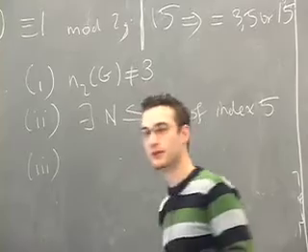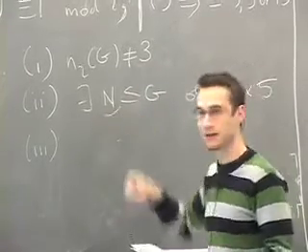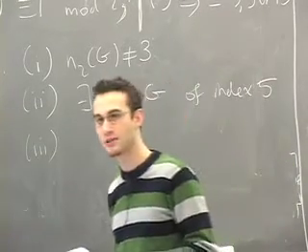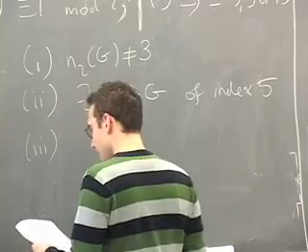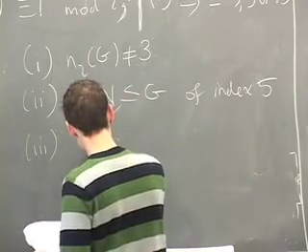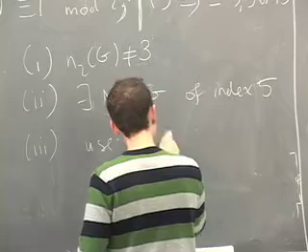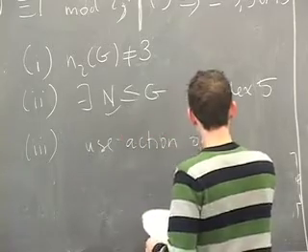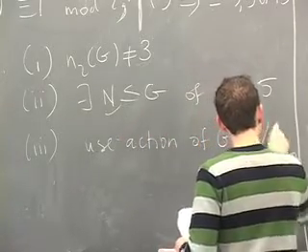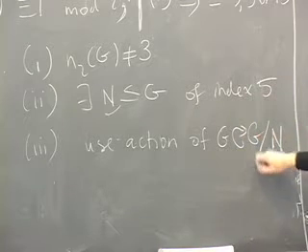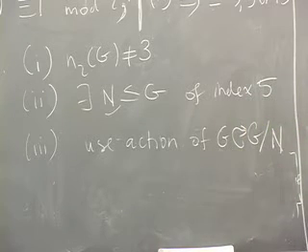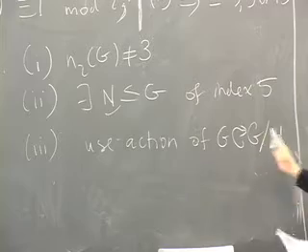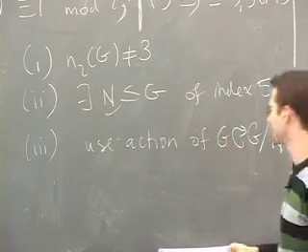This should be ringing a bell. I've been using the letter N here, so this will probably arise as the normalizer of some Sylow P subgroup. And the third thing to do is to use the action of G on the coset space.